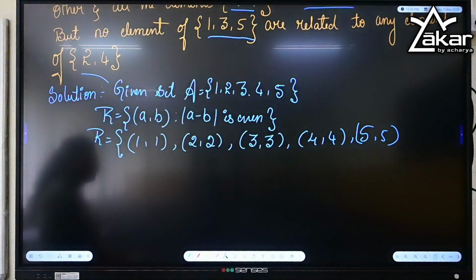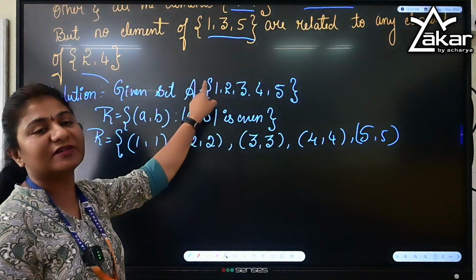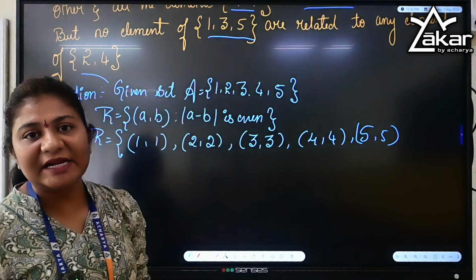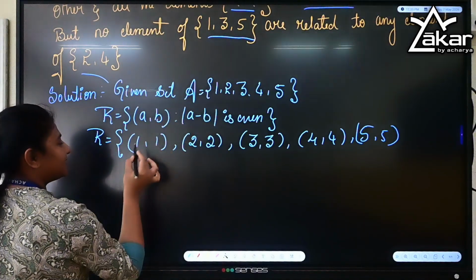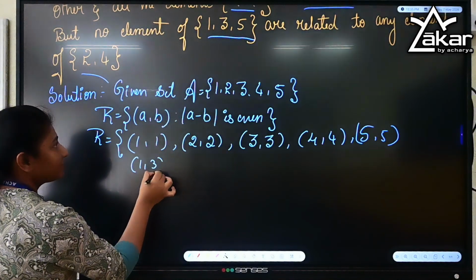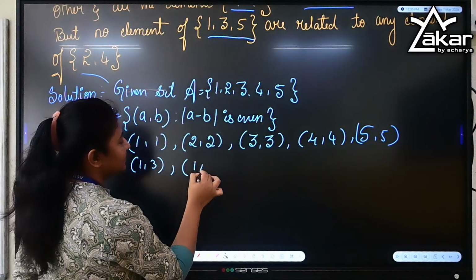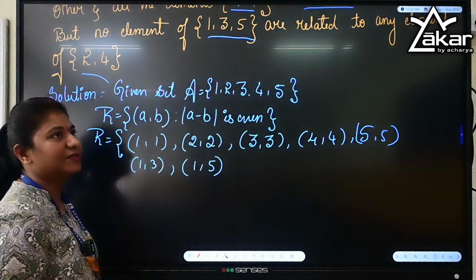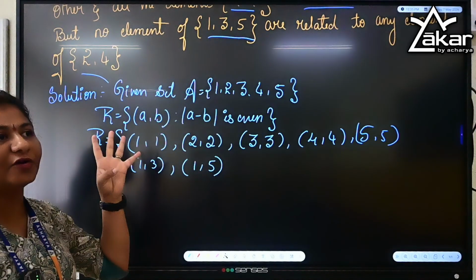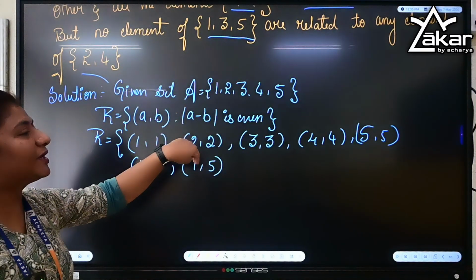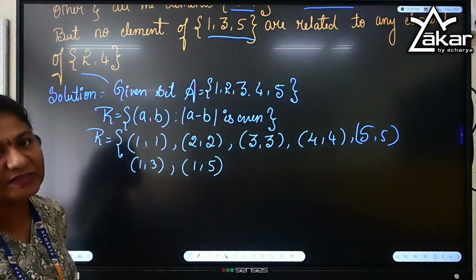Next, let us check 1 minus 2, it is odd. Next, 1 minus 3, it is possible. 1 minus 4, it is not. Again, 1 minus 5 is possible. So 1 minus 5 will give the value minus 4, and after putting the mod, it will give a positive value.